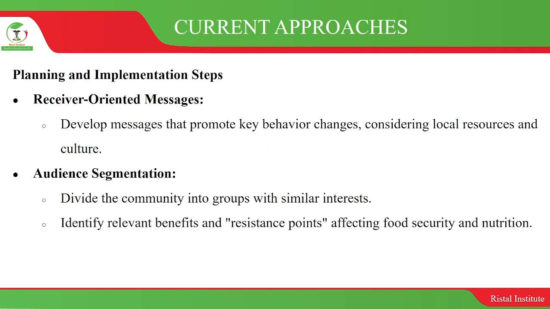You have to also carry out audience segmentation. In audience segmentation, you divide the community into groups with similar interests and then identify the relevant benefits and the resistance points affecting food security and nutrition.